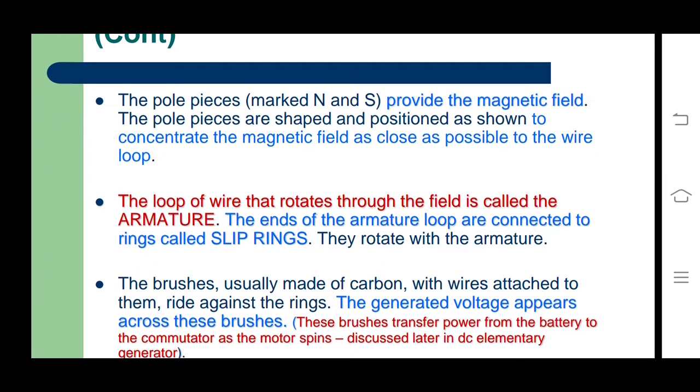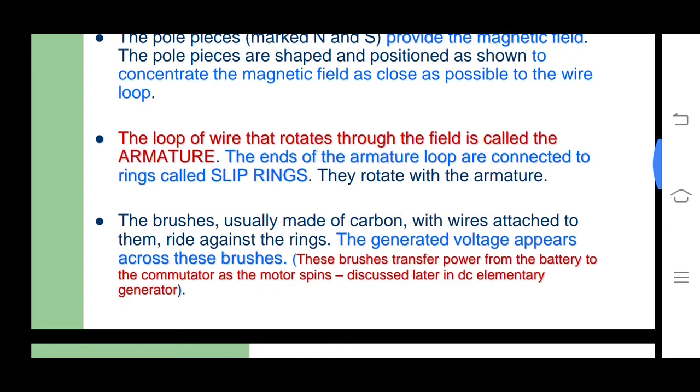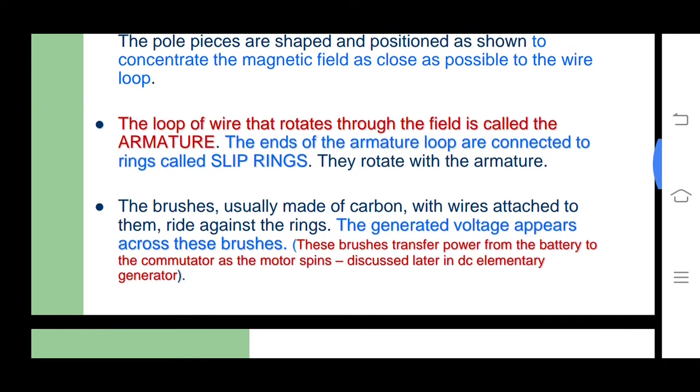The pole pieces marked N and S provide the magnetic field. The pole pieces are shaped and positioned as shown to concentrate the magnetic field as close as possible to the wire loop.